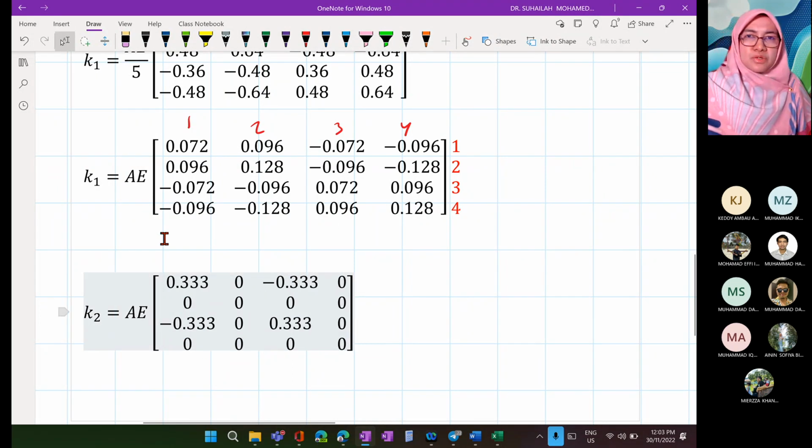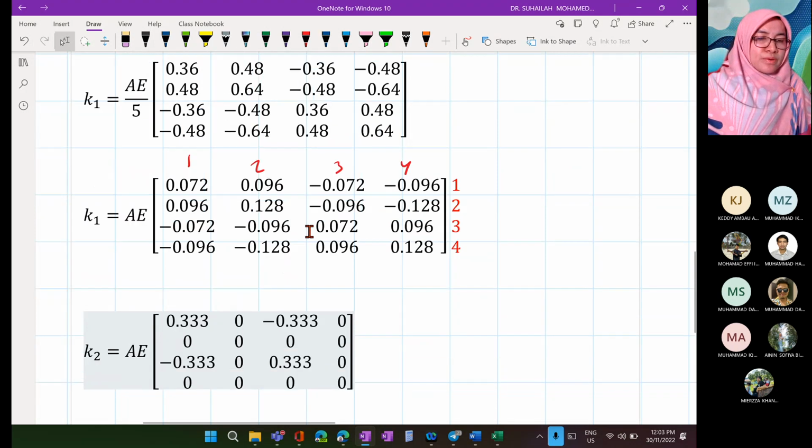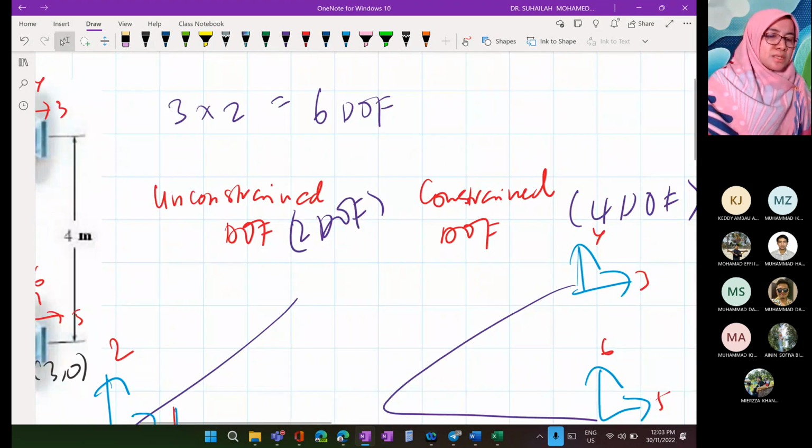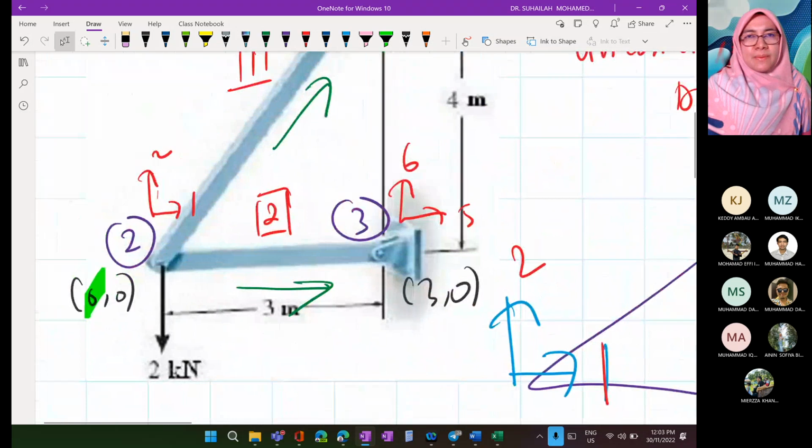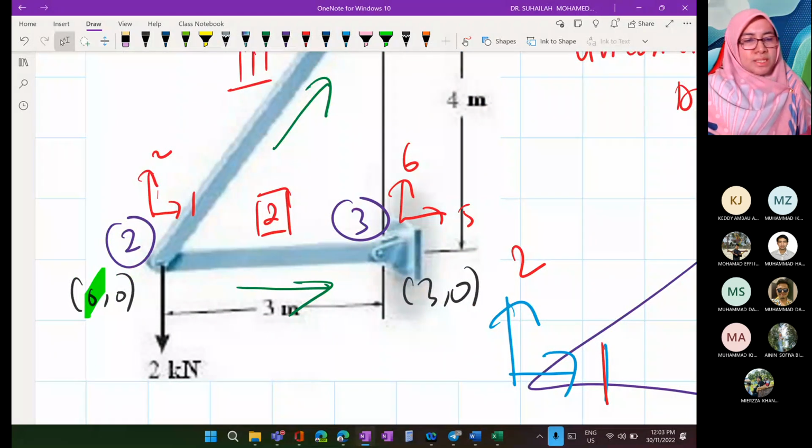Okay. So use the formula to calculate this, but again, the most important part is the degree of freedom label. So we refer back to the diagram. Look at element number 2. Element number 2 consists of node number 2 and node number 3. The arrow is going towards far end. Far is 3, near is 2.